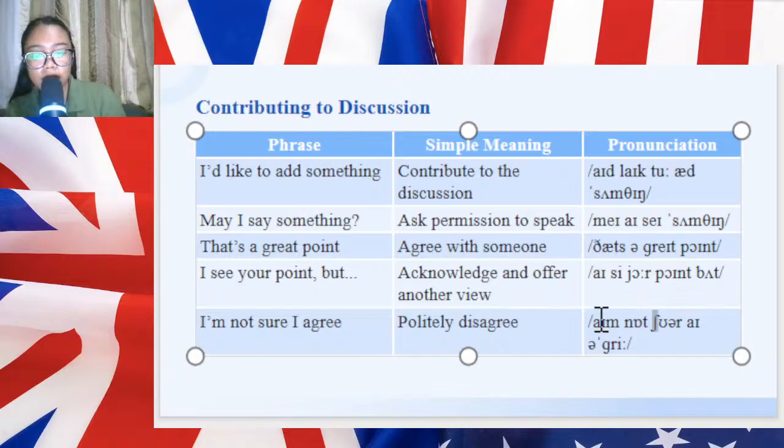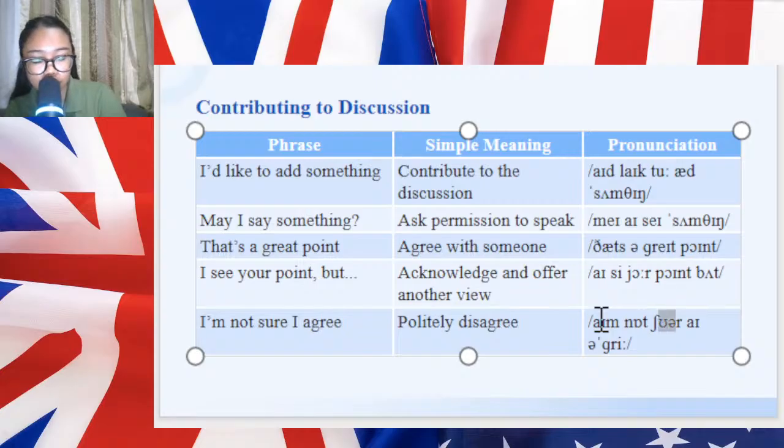So this one again sounds like an SH sound, right? So we try to do this. This symbol is the symbol for the SH sound. So sure, at the beginning, the initial sound is an SH sound. That is why in the IPA transcription, the symbol here is the SH sound. This one, the letter F without a horizontal line in the middle. So sure. Again, this is a diphthong.